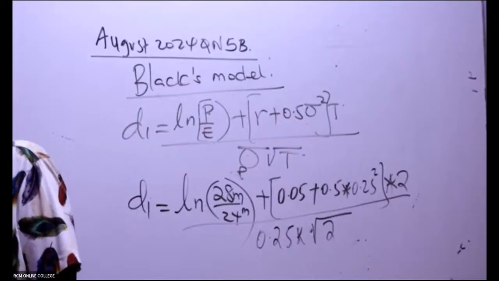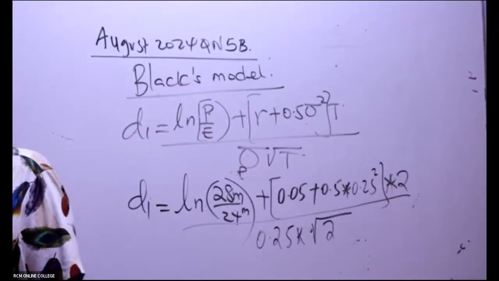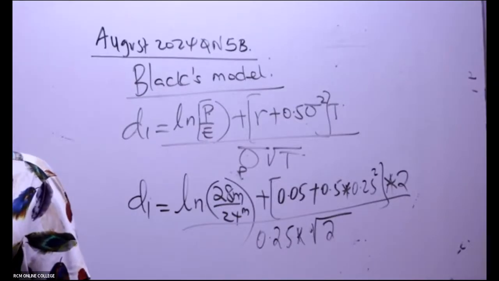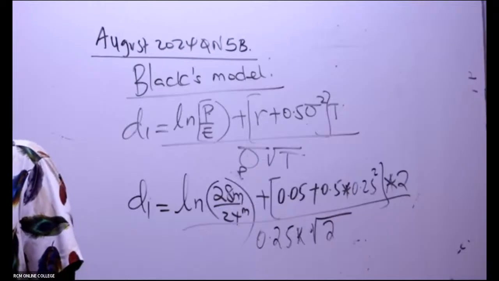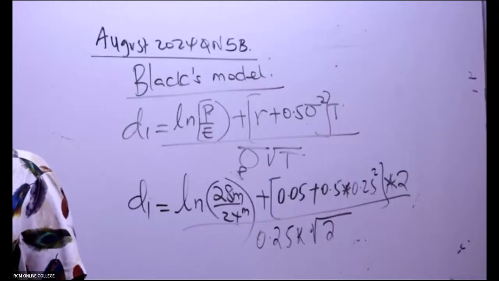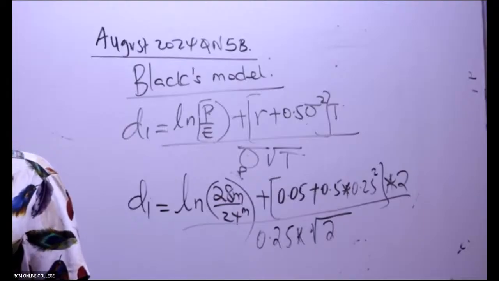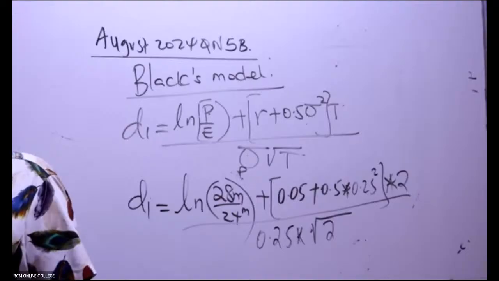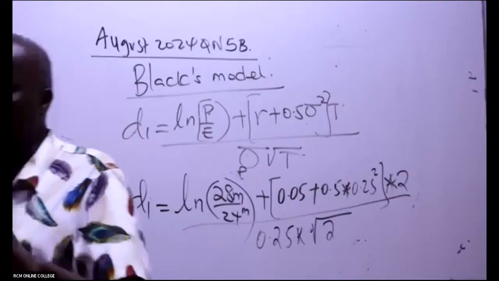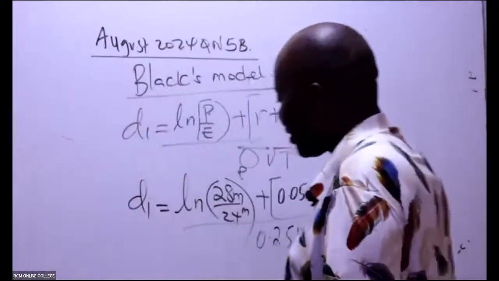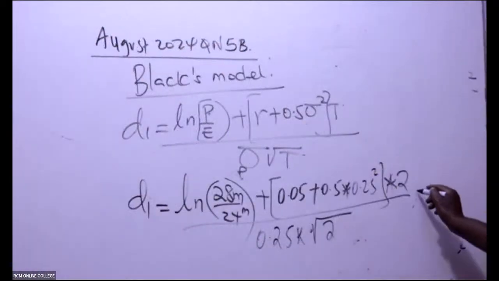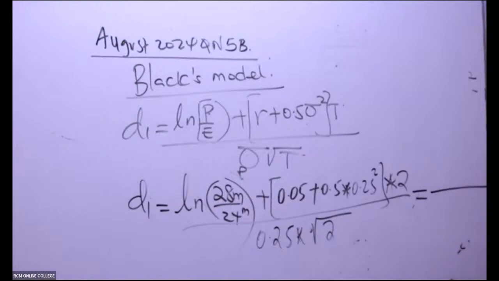You relax a little bit. It's not a jail area. I'm not time pressured in AFM. Plus, open brackets, 0.05 plus 0.5 times 0.25 squared, close brackets times 2. Give me the one answer for the numerator. Is there somebody who is able to give me one answer for the numerator here?